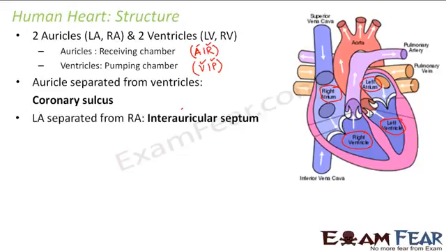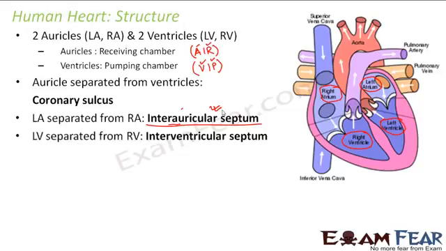Similarly, how are the auricles separated from each other? The left auricle and the right auricle are separated from each other by interauricular septum. So this interauricular septum actually separates the right auricle and the left auricle. Similarly, there is an interventricular septum which separates the left ventricle from the right ventricle.